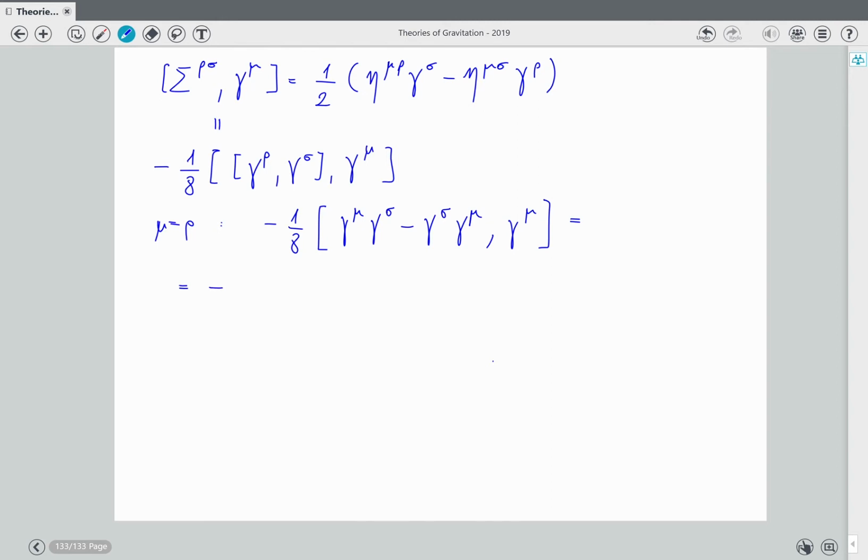That is minus 1/8. Then you should remember some properties of the gamma matrices that we need.